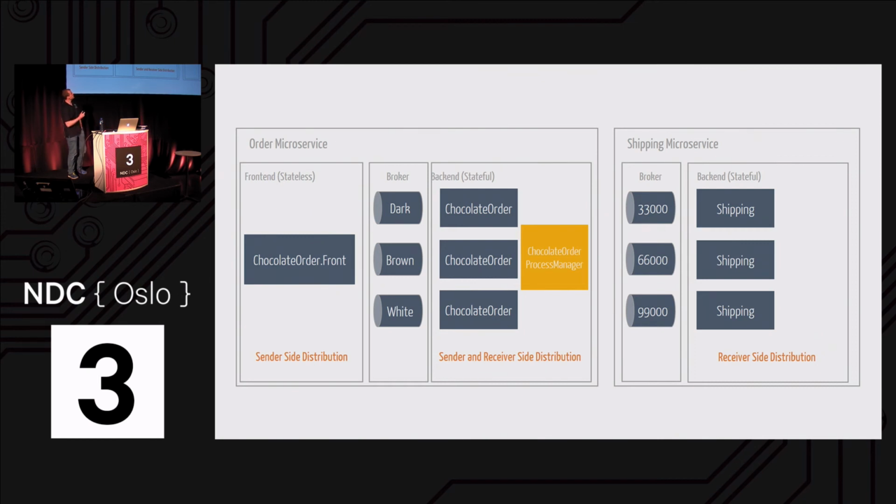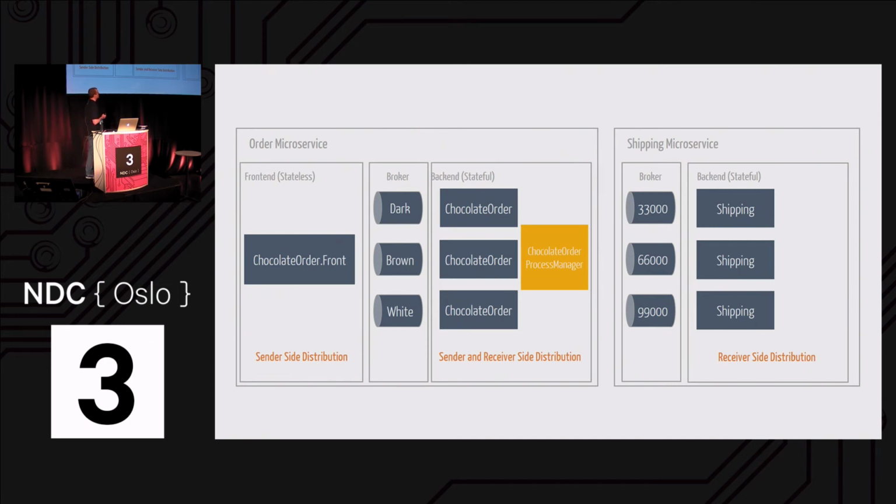And what it's doing, it's basically the chocolate order process manager is sending, for example, a ship order command to the shipping service when it knows that, for example, the buyer's remorse period is over. And then the shipping service itself, in this example, to apply multiple partition schemas, is partitioned by using the zip code.